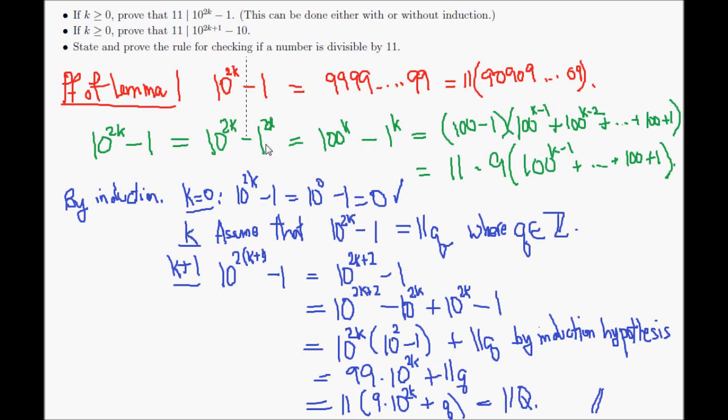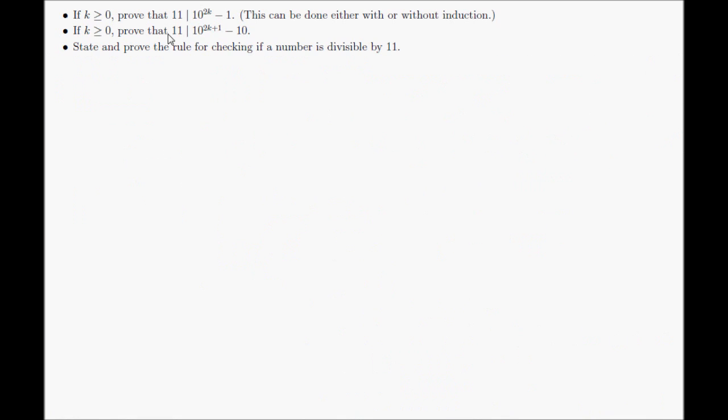The second lemma: prove that 11 divides 10 to the 2k plus 1 minus 10. So that's fairly straightforward.